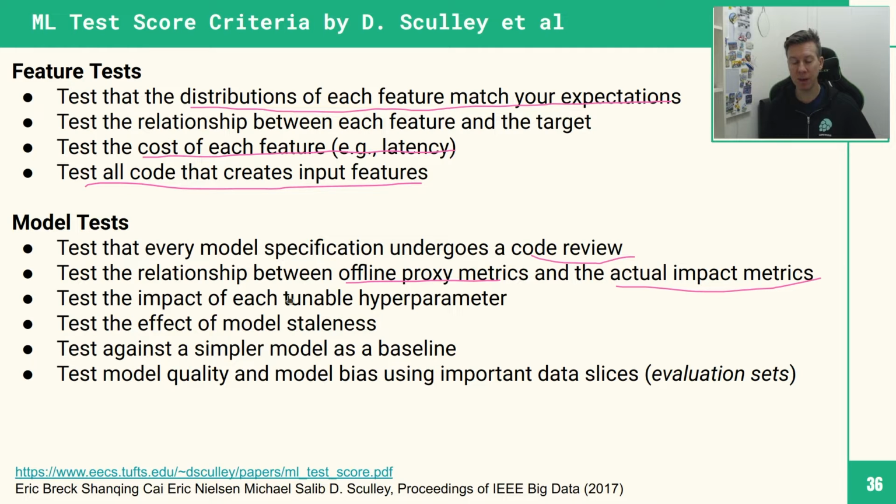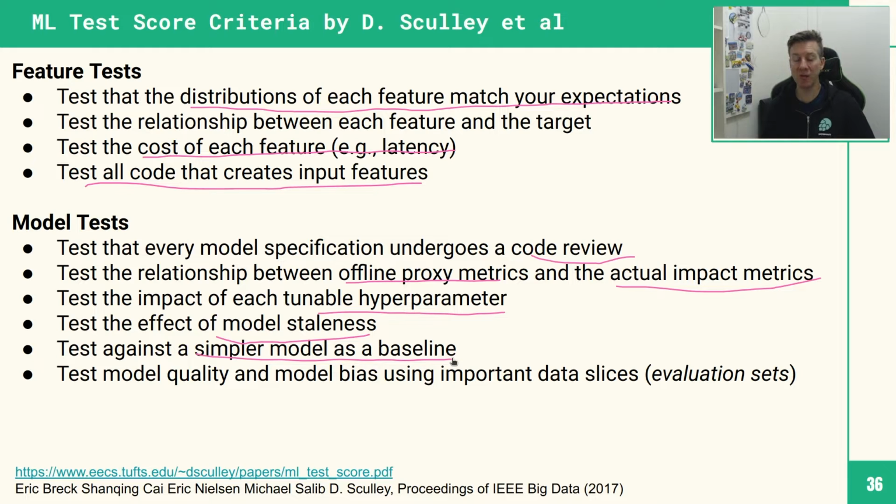When you're training and experimenting, you want to do things like test the effects of individual hyperparameter tunings, test what happens when a model becomes stale, have a simpler model as a baseline, and test your model to make sure it performs better than your baseline. And often you have models that perform incredibly well 95% of the time, but poorer than the baseline 5% of the time.